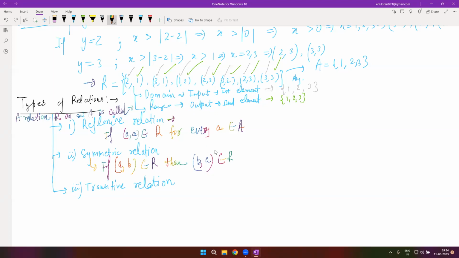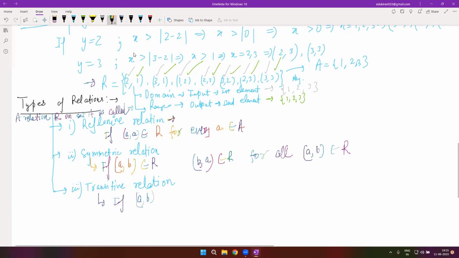Now let's come to the transitive relation part. For all A, B belongs to R. Now let's understand transitive also. So let's say there is a pair A, B. Now we should write it like implies that.